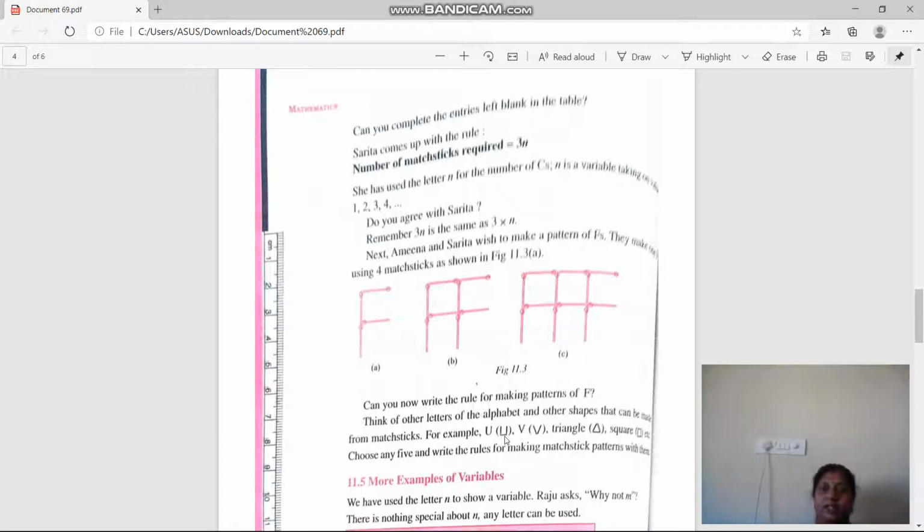Number of matchsticks required is equal to 3n, right? For V, how many sticks are required? 2. So what will be the rule? Number of matchsticks required is equal to 2 into n. For a triangle, 3 sticks are required. For a square, 4 sticks are required.